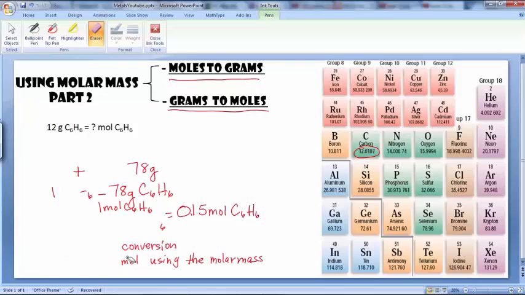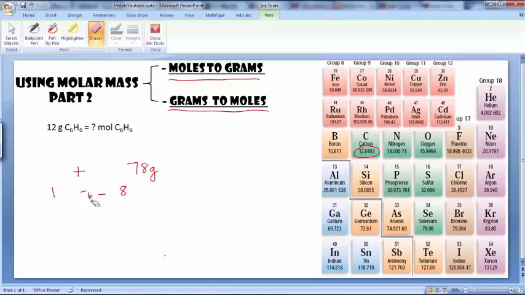Now we're going to try another problem going from grams again to moles. However, this problem involves one more step, which we shouldn't have a problem with.